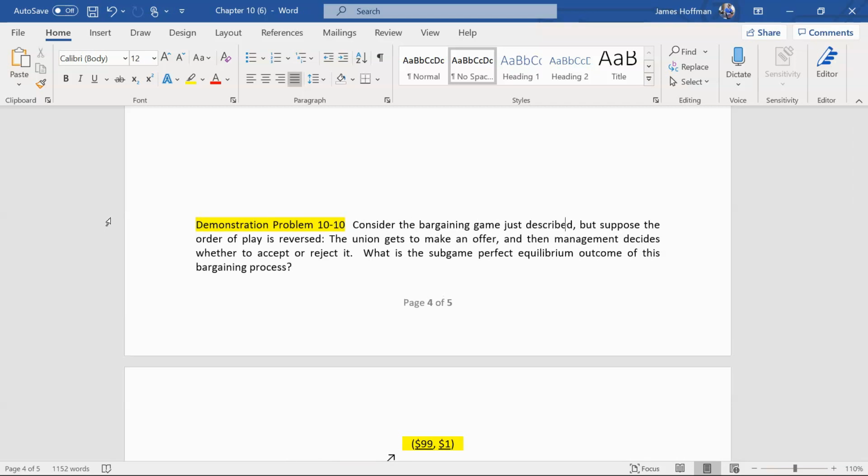Instead of the bargaining game just described, let's suppose the order of players is reversed. The union gets to make an offer, and then management decides whether to accept or reject it. What's the subgame perfect Nash equilibrium outcome of this bargaining process?